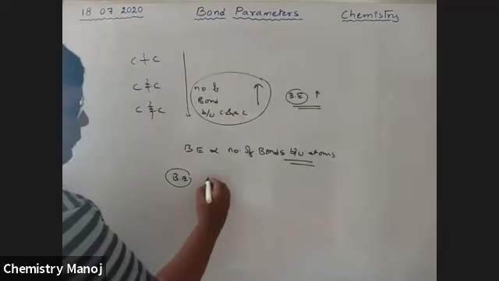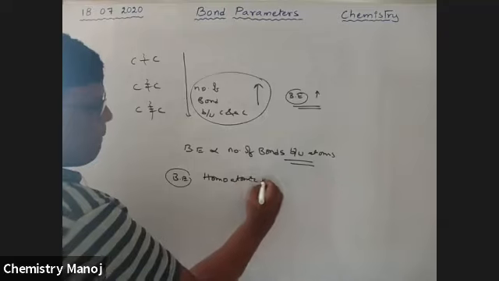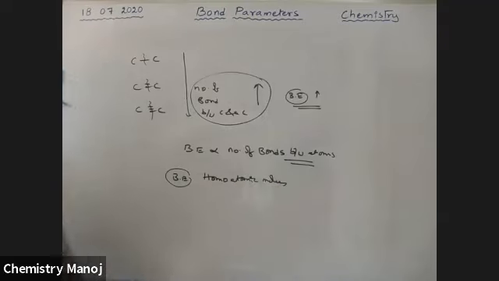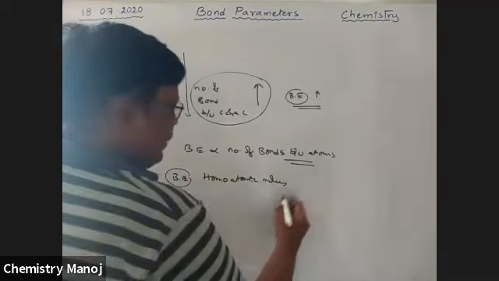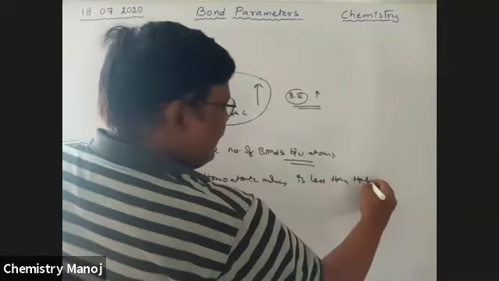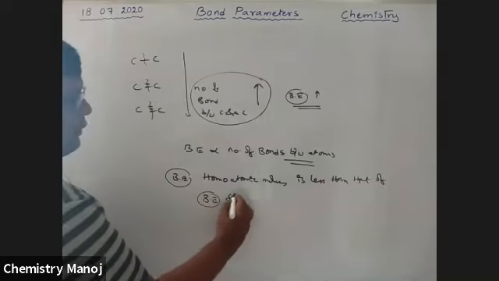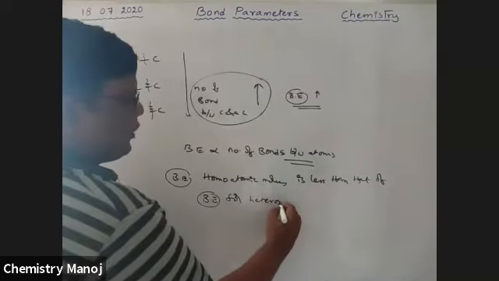So bond energy for homoatomic molecules is less than that of bond energy for heteroatomic molecules.